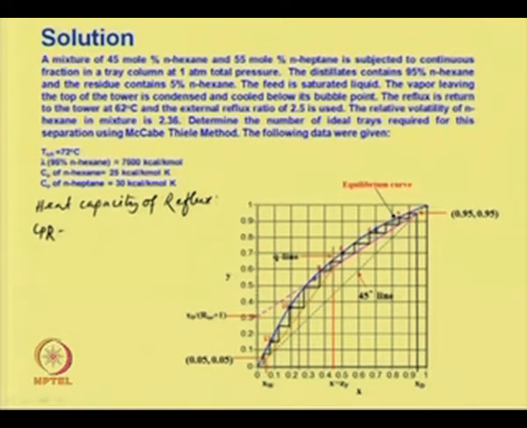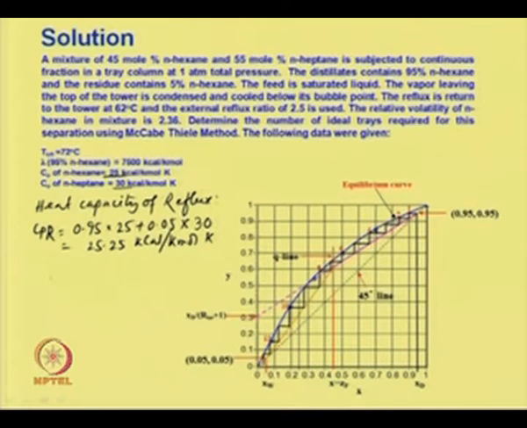Cpr is equal to 0.95 into 25, which is given over here, plus 0.05 into 30, which is equal to 25.25 kilocalorie per kmol Kelvin.